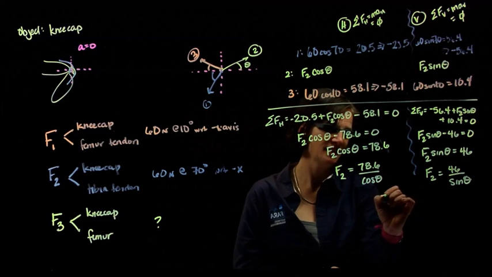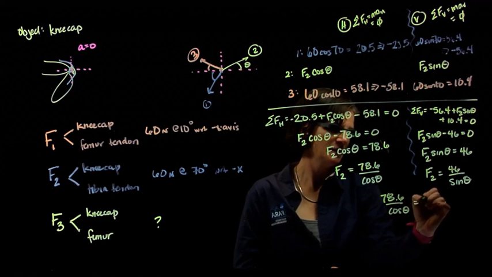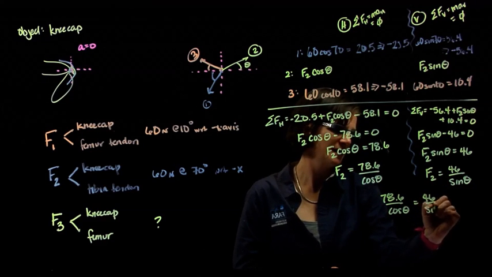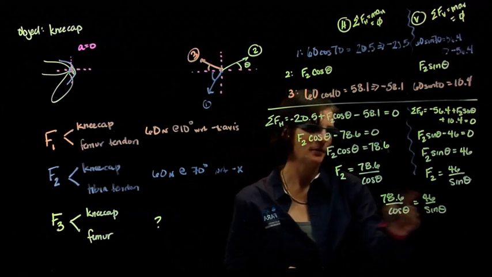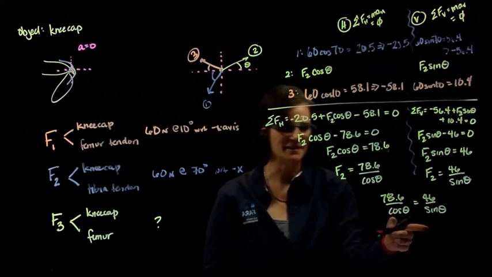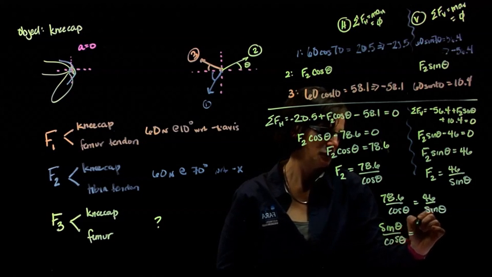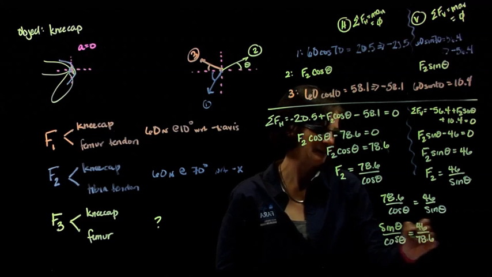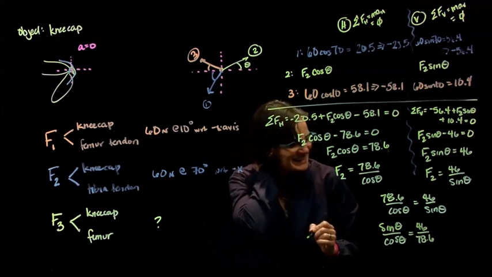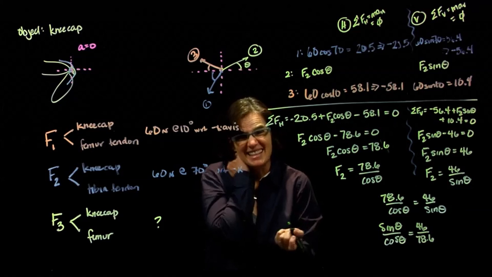So I have 78.6 over the cosine of theta is equal to 46 over the sine of theta. A little algebraic rearranging, if I multiply both sides by sine of theta and divide by 78.6, I end up with sine of theta over the cosine of theta is equal to 46 over 78.6. Well, the sine of theta over the cosine of theta is the tangent.